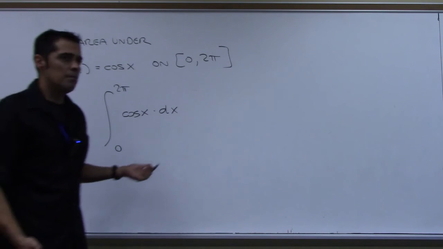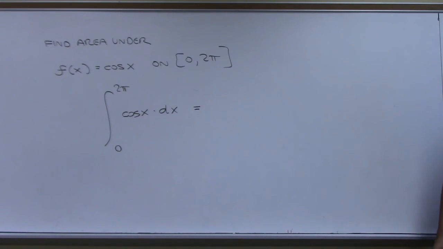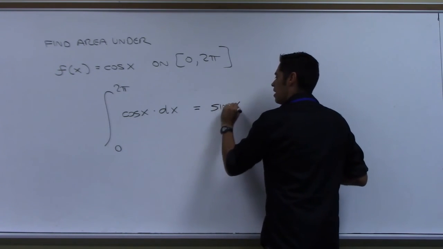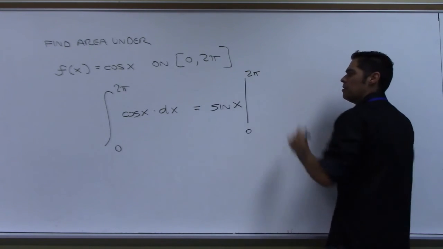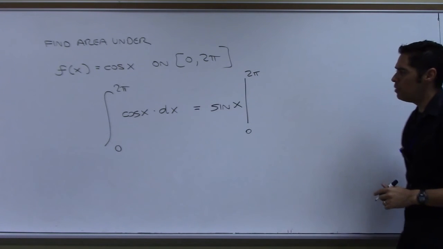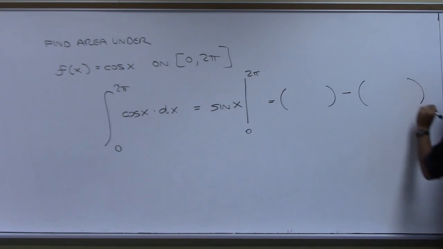And then equals. So I just need to find the antiderivative. The antiderivative of cosine x is just sine x, and then 0 and 2 pi. That's the notation we use. Just write down the antiderivative, write down the two endpoints, and then I'm going to plug in and get an answer.